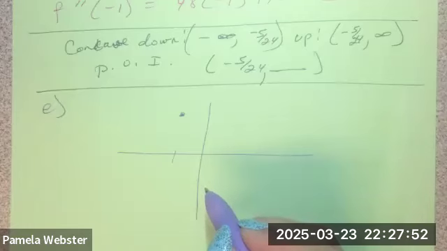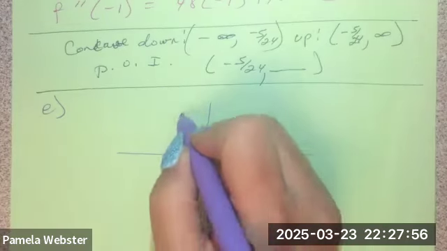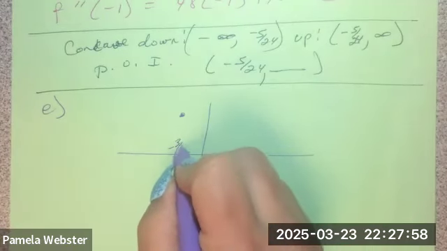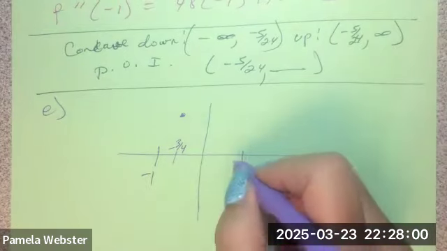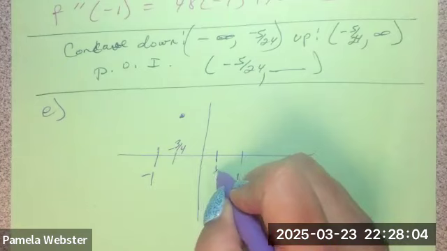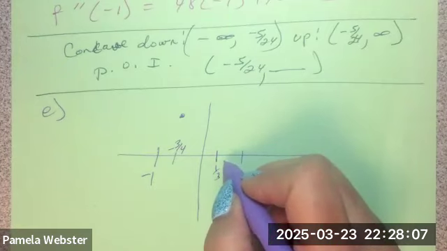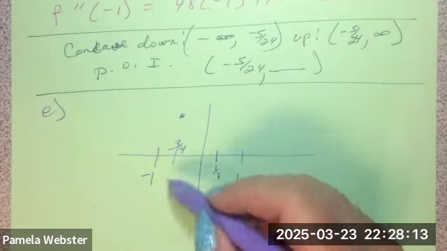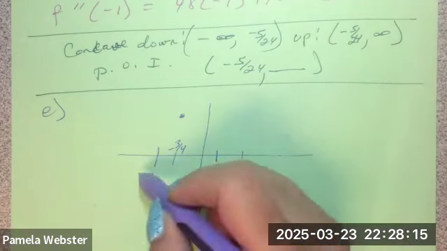And we'll use our graphing calculator here in a second. I have a minimum at 1/3. And I'm betting that that guy is negative, but we'll see. And it's increase, decrease, increase.